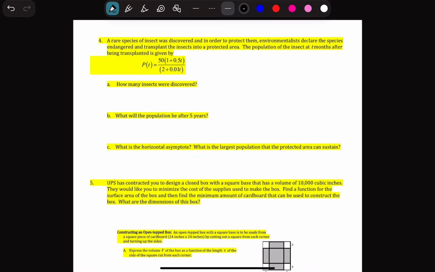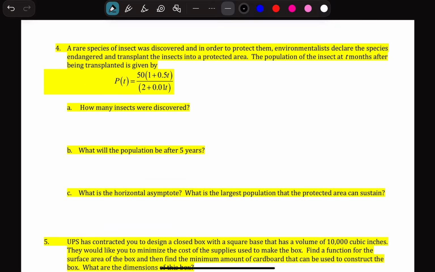Okay, a rare species of insects were discovered, and in order to protect them, environmentalists declare the species endangered and transplant the insects into a protected area. The population of the insect at t months after being transplanted is given by P of t is equal to 50 times 1 plus 0.5 times t, divided by 2 plus 0.01 times t.